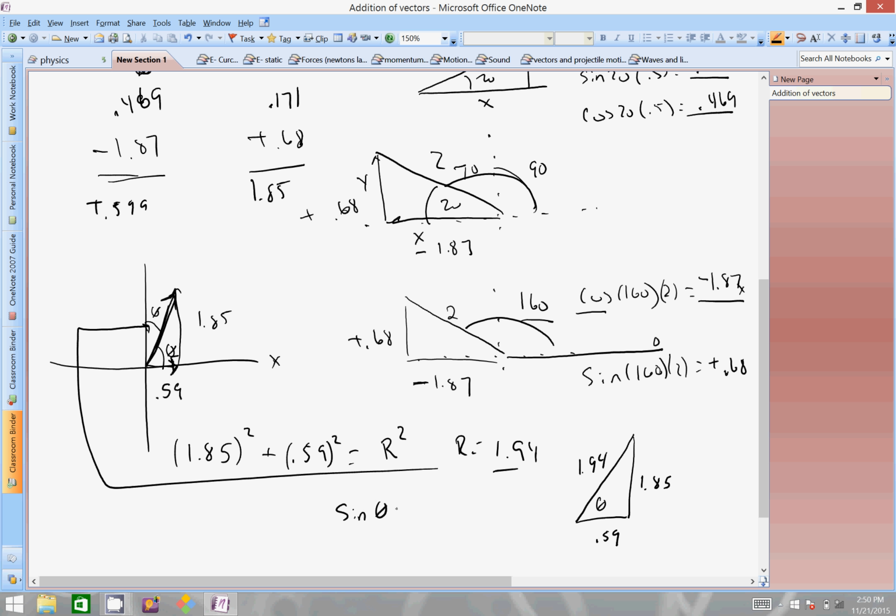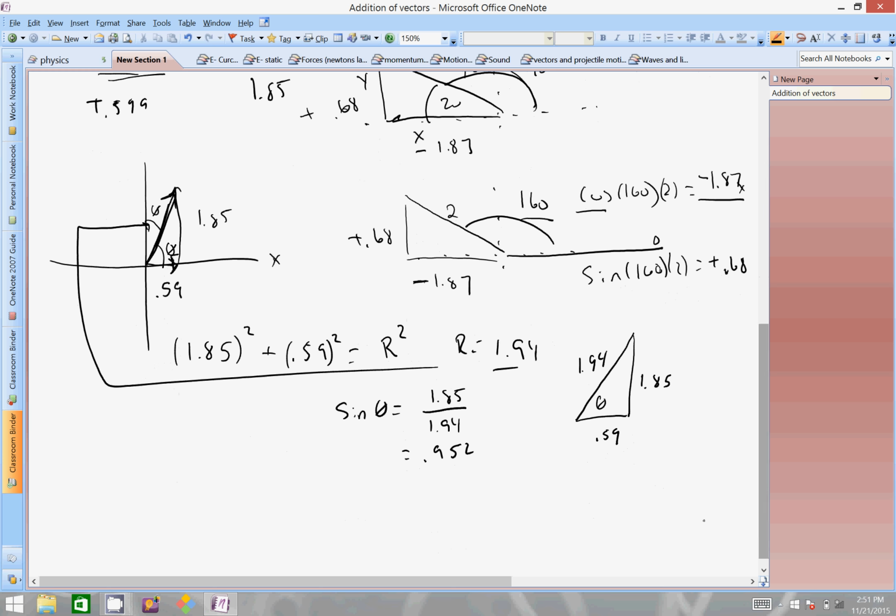Sine of the angle equals the opposite, 1.85 over 1.94, and 1.85 divided by 1.94 is 0.952, and then of course I want inverse sine to expose the actual angle. So the inverse sine of that answer is equal to 72 degrees.